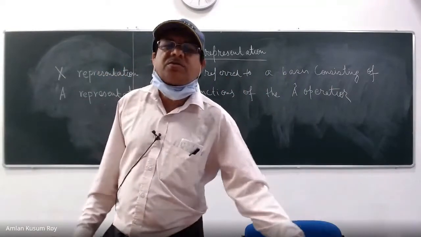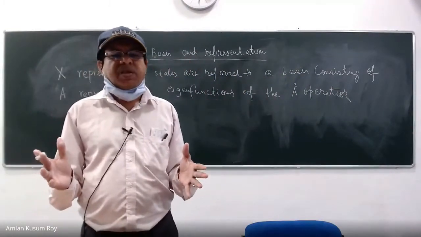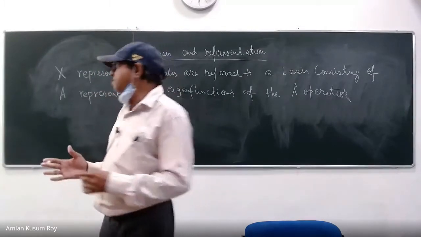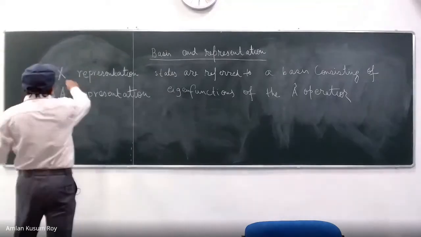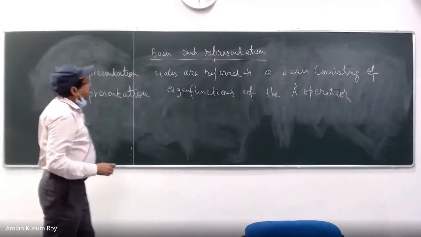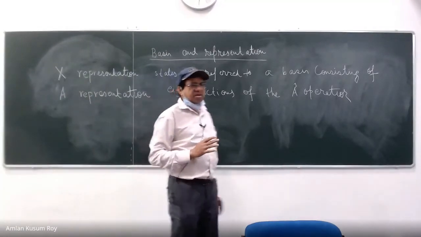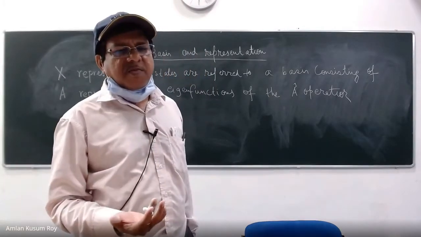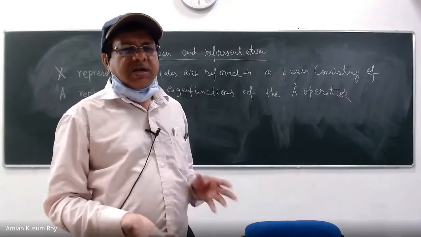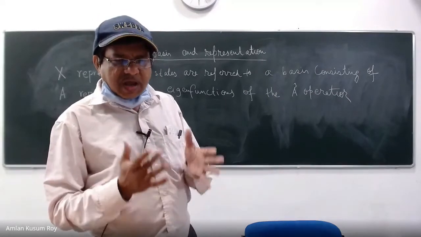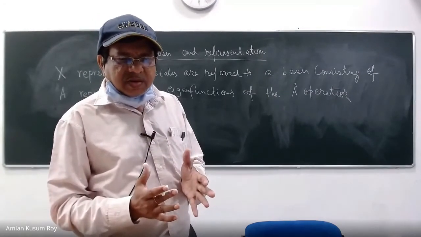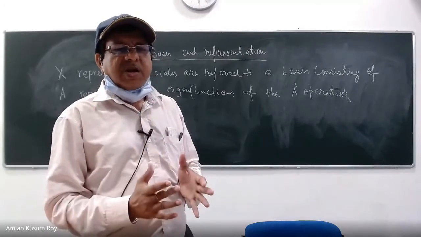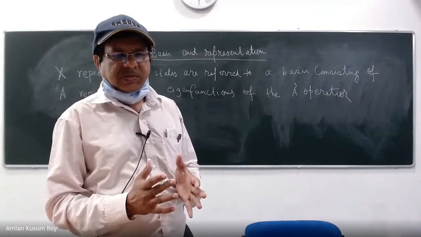The moment you say X representation, Y representation, A representation, the name of the representation, it means that in the X representation there are states. All the quantum mechanical problem will be discussed keeping the states of the X operator in mind, and the eigenstates of that operator form a basis.